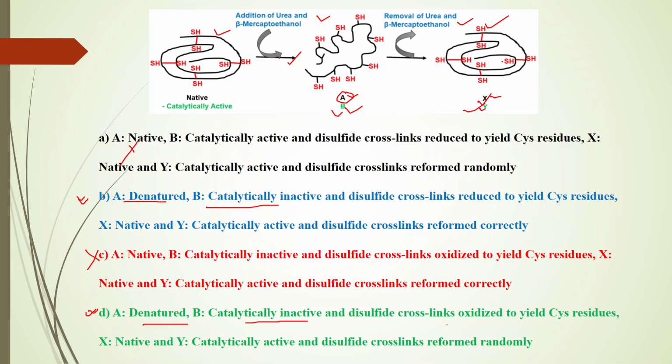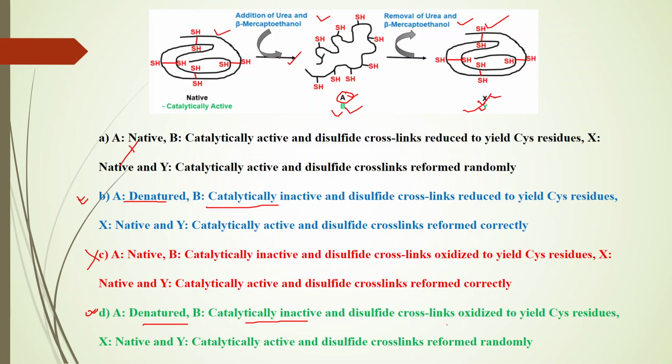Obviously in reality it is not that simple, but from the pictorial representation you can already see that the coiling looks exactly the same, and not only that, the position of the disulfide bonds is exactly the same as well. So we can say that the third structure is exactly similar to the first one.